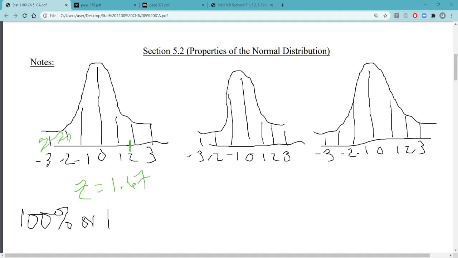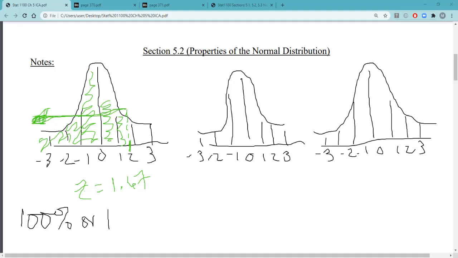If it was 1 or exactly 2, I would take this half of the graph, and then I would say, well, is it half of the 68, or is it going to be half of the 95? But I can't do that if it doesn't fall exactly on one of those values. So instead, I need to use a table to figure out how much of our data, or what percentage of our data, lies to the left.